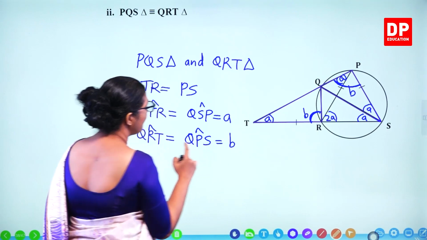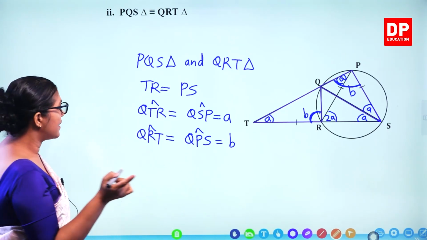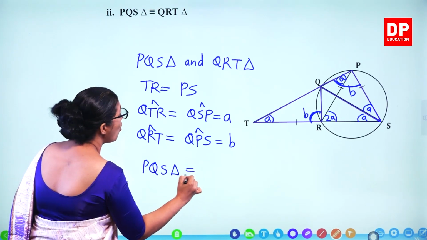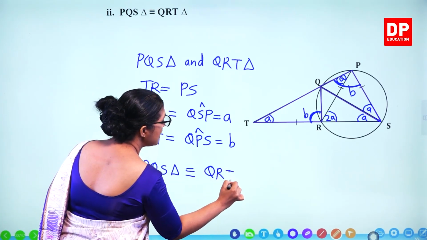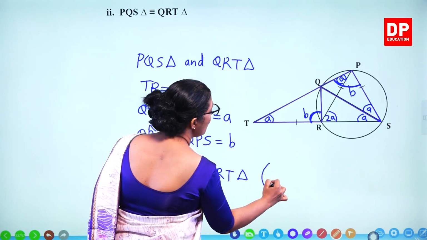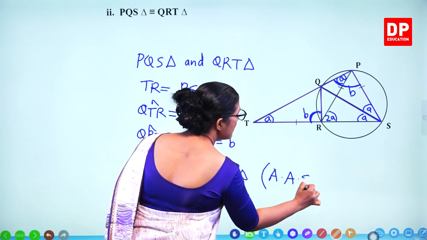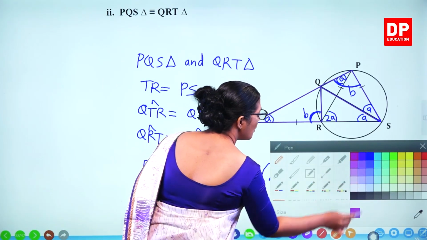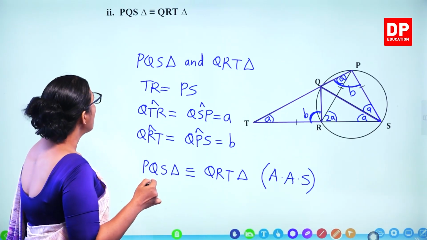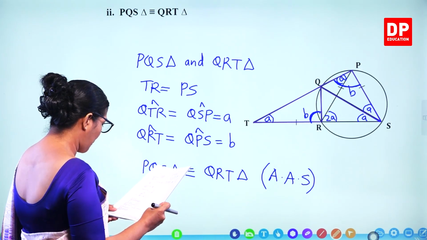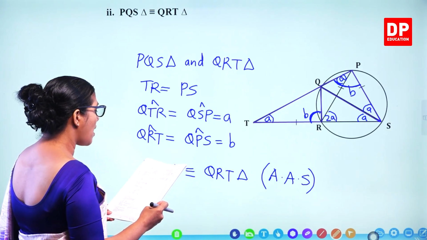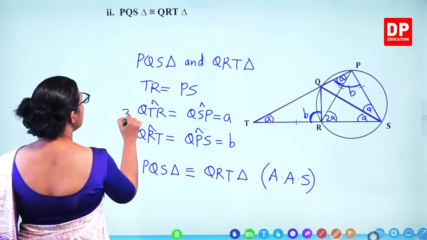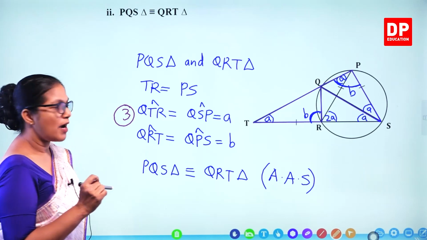That's B. Two angles and one length. So we can say triangle PQS is congruent to triangle QRT because of angle, angle, side. So how many marks for that step? You get 3 marks, AAS, and showing that you get 3 marks.